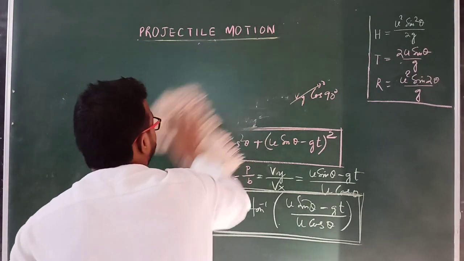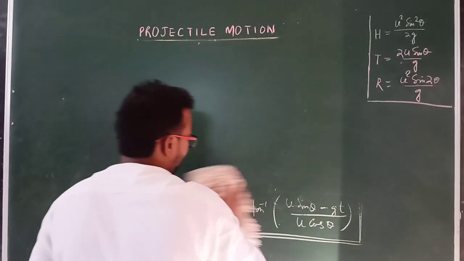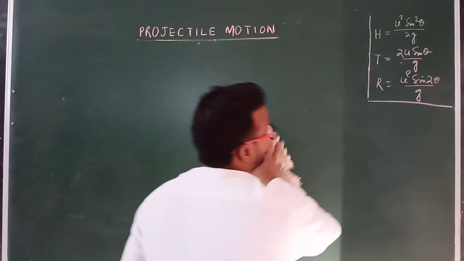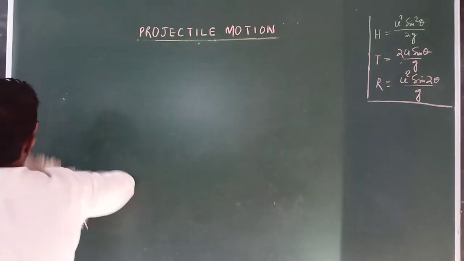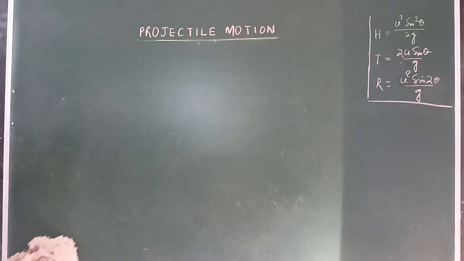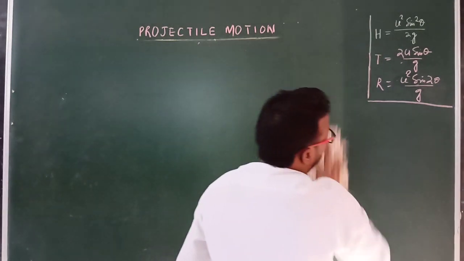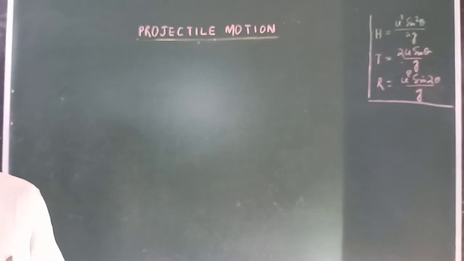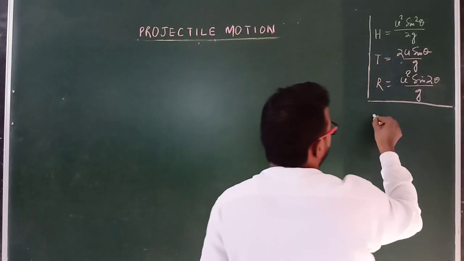So next, what will be the range of a projectile if we project it at two complementary angles? So what is the meaning of complementary angle? Complementary angle means if we add two angles, then the addition of the two angles must be how much? 90 degrees.